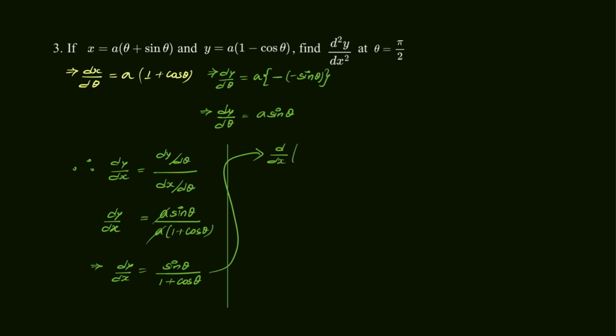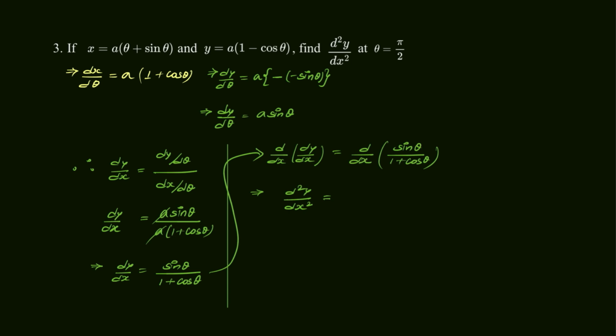So from here, d/dx of dy/dx equals d/dx of sin theta/(1 + cos theta). So this becomes d2y/dx2 equals, now it's very important to notice that this theta inside is a function of theta and we are differentiating with respect to x. So first we will treat everything as x and at last we will differentiate theta with respect to x.